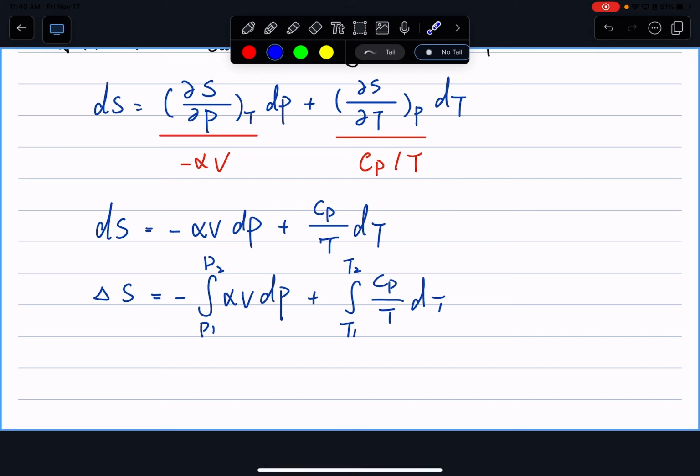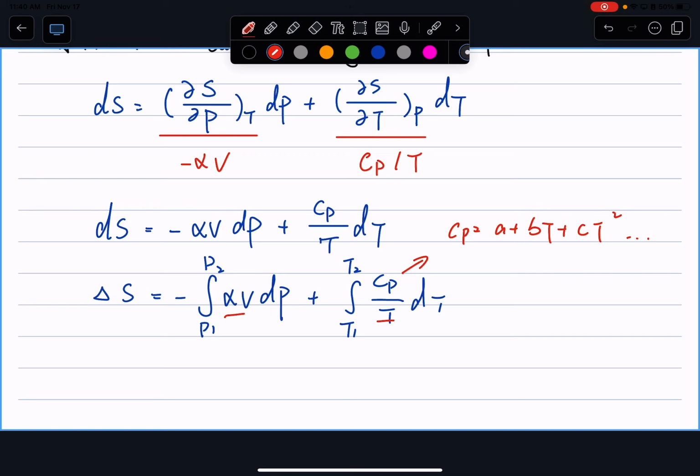We also went over later on, you can express that as a polynomial, like Cp equals A plus BT plus CT squared, etc. Or it can be just a constant, depending on the setup. But there is a way we can solve for that integral. All right, so everything in here is experimentally measurable, or experimentally we can determine it.